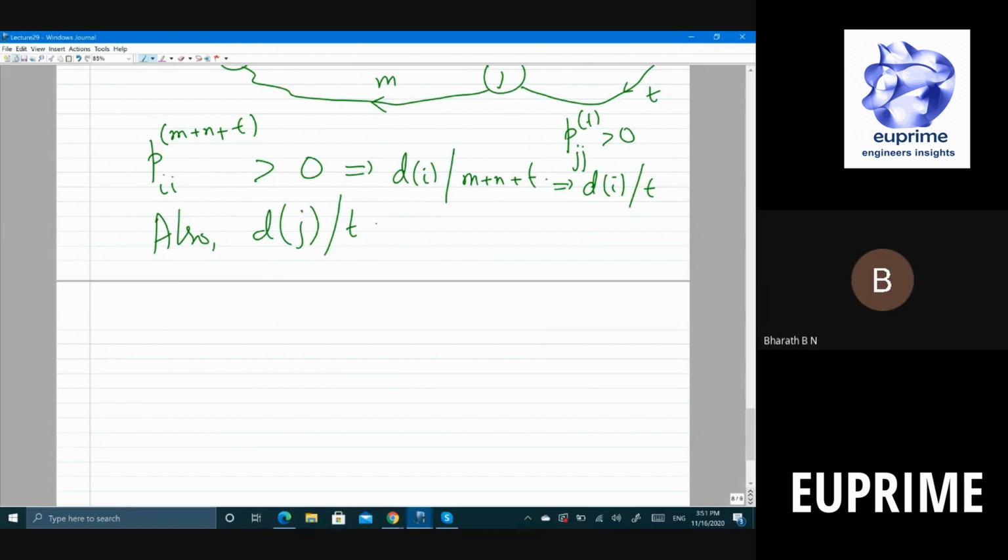Can you argue out why that is the case? Sir, d of i divides t, that is t equals some integer times d of i. And d of j divides t, so t equals some other integer times d of j. Okay, let's write that. So some L times d of i equals some K times d of j.